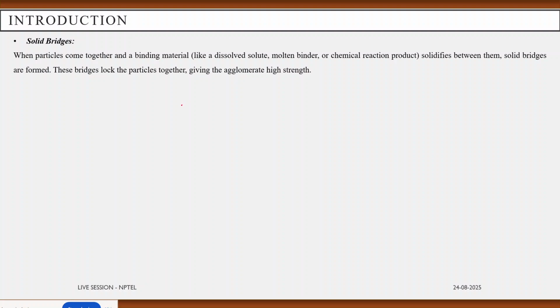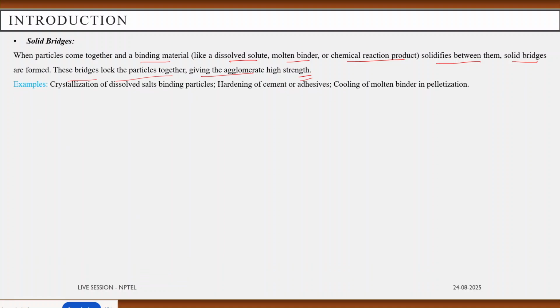First we will briefly discuss what is meant by solid bridges. When particles come together with any kind of binding material, like a dissolved solute, molten binder, or chemical reaction product, the binding material solidifies between the particles and solid bridges are formed. These solid bridges lock the particles together and give the agglomerates very high strength.